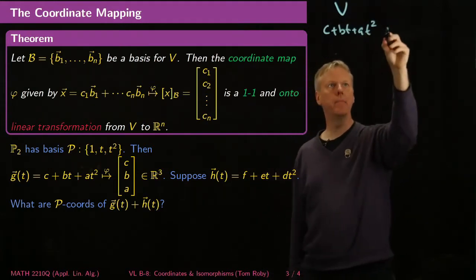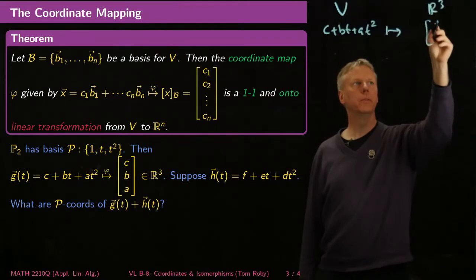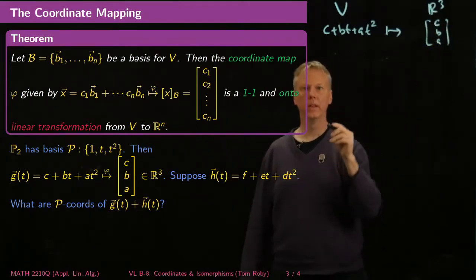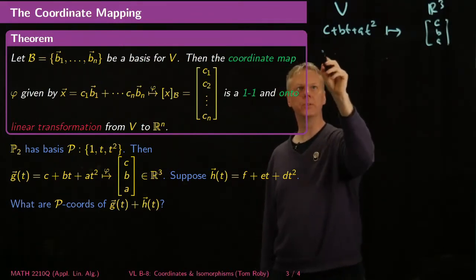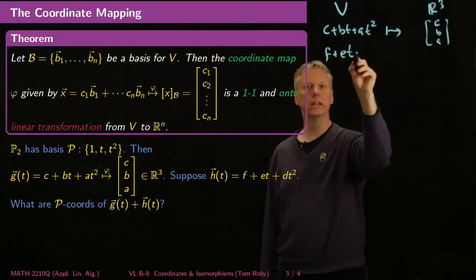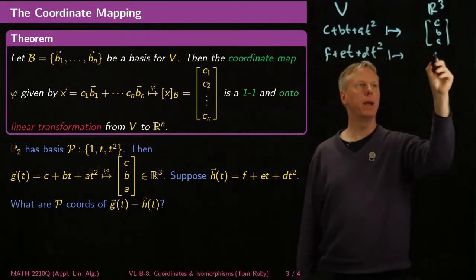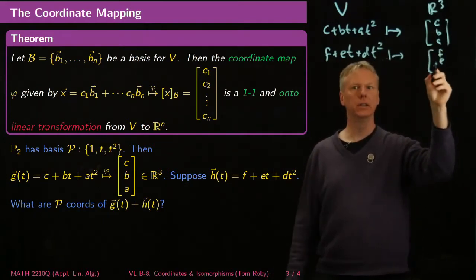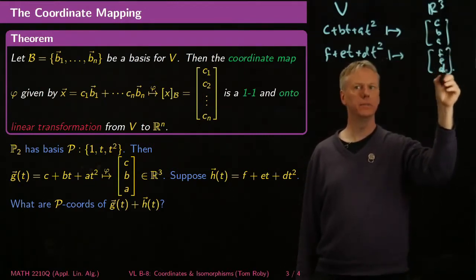And that maps over in R^3 to this vector. And now h is just f plus et plus dt squared, and that maps to (f, e, d).